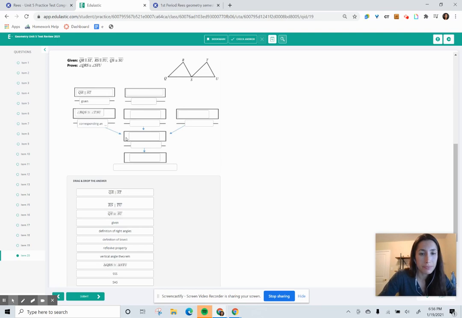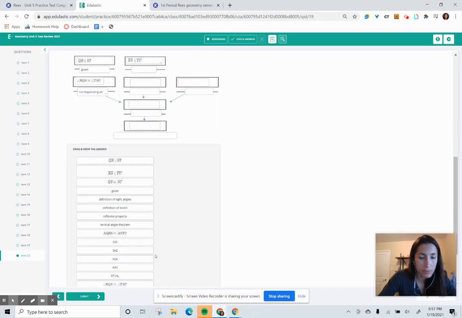Corresponding angles. Then we had our other parallel line statement. So we had RS and TU. That made the other angles at the corners equal. The other angles would be TUS and RSQ.